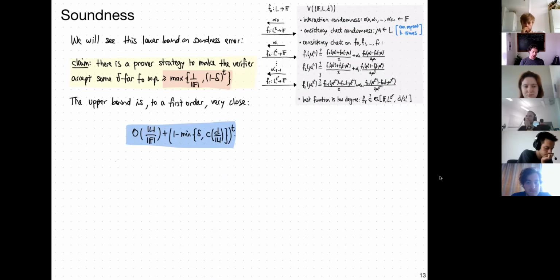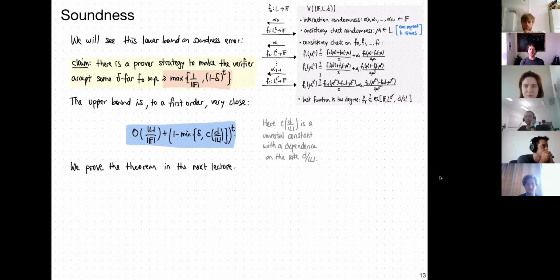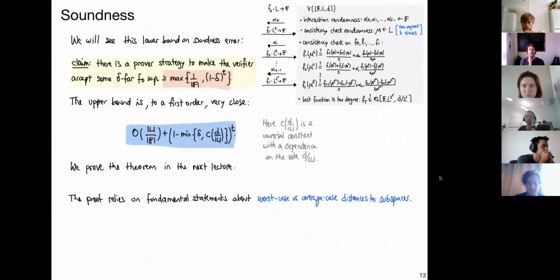And instead of 1 minus delta, we'll have 1 minus either delta or some constant that we'll need to deal with. But it's fairly close. The constant is just a universal constant. You don't really have to worry about it. And we will show this thing.